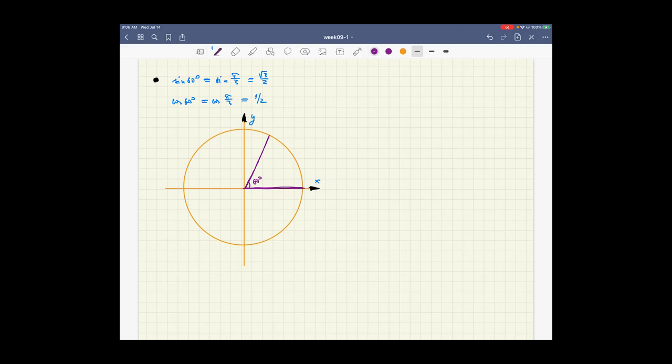So the argument is this. Let's give these points names, O, A, and B, and let's consider the triangle OAB.